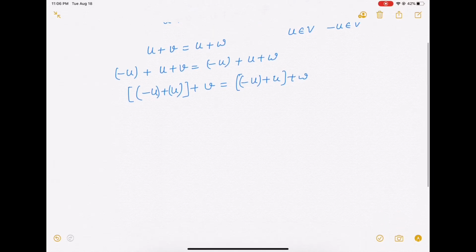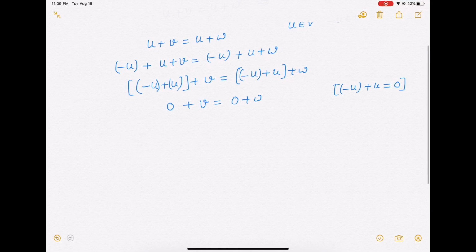When u is added in minus u, its inverse, we get the identity element. So 0 plus v gives you 0 plus w. By this property, minus u added in u, we get the identity element.